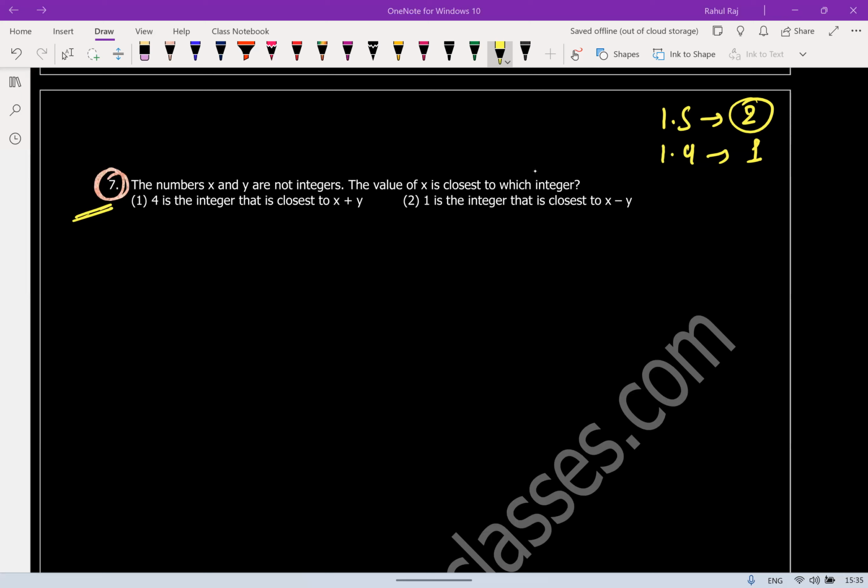Perfect. So it says that numbers x and y are not integers. The question is, x is close to which integer? Option number 1 says 4 is the integer that is close to x plus y. So can I say x plus y lies between 3.5 and 4.5? Because x and y are not integers, it means x plus y 100% lies between 3.5 and 4.5.